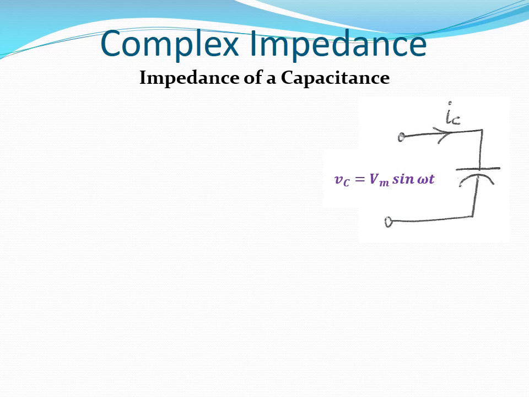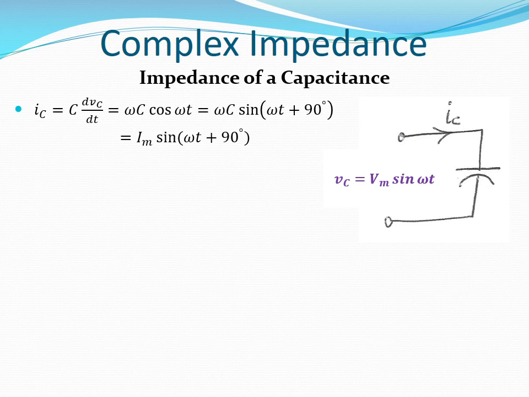Let's go to the impedance of a pure capacitance. Suppose the voltage across a pure capacitance C is expressed as Vm sine omega t. From the relationship between capacitor voltage and capacitor current, the expression for the current through the capacitance is obtained as omega C sine omega t plus 90 degrees.